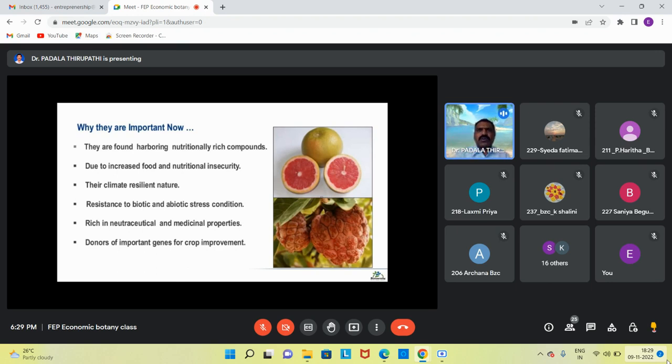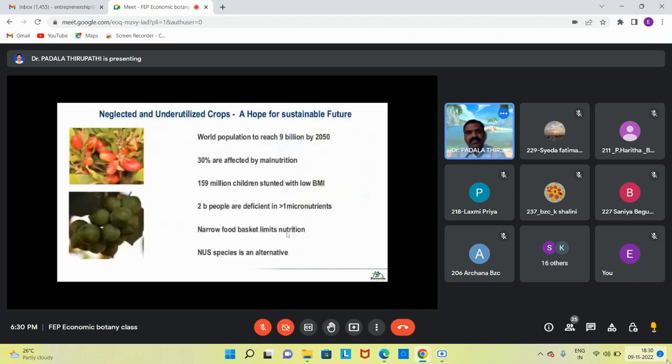Whenever we consume these fruits, they help control different diseases. They are also donors of important genes for crop improvement, as are some neglected and underutilized crops.